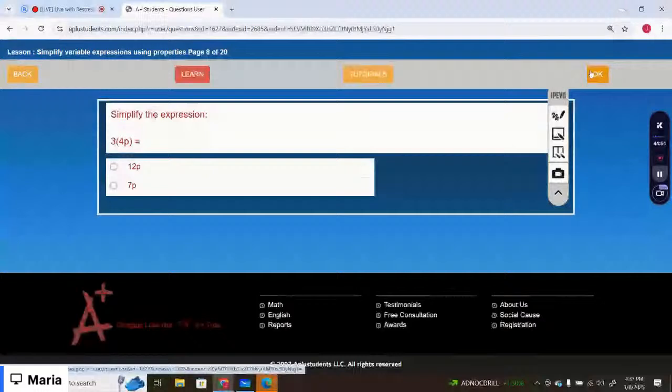That is 12p. Option number 1 is the correct option.